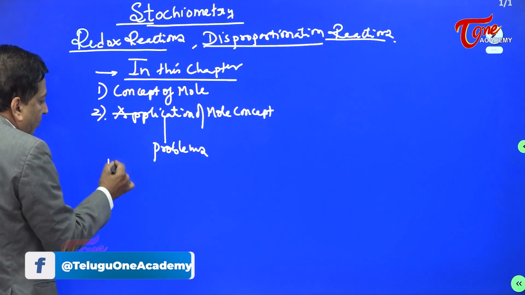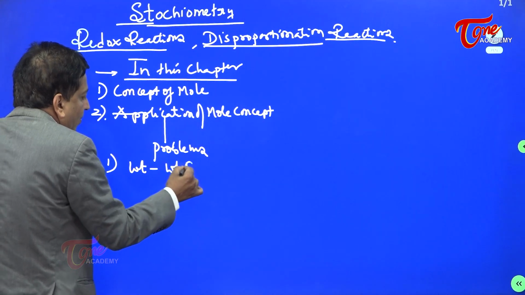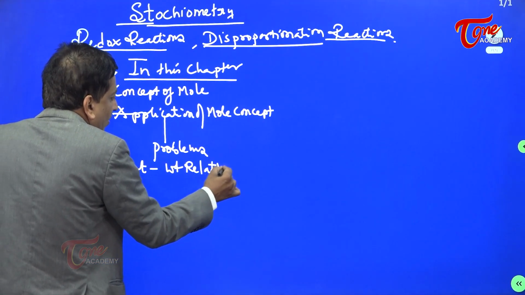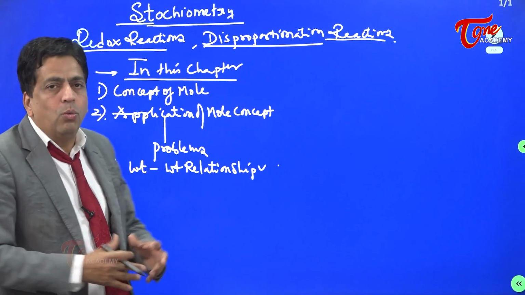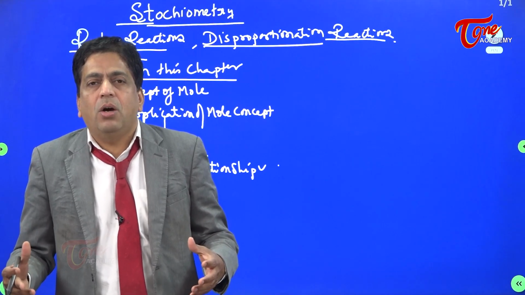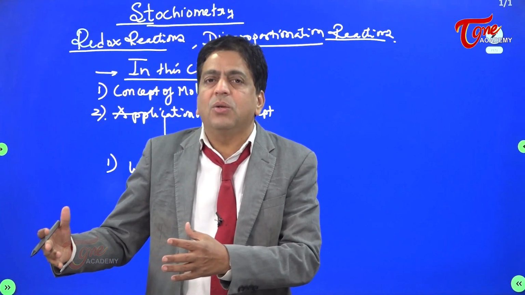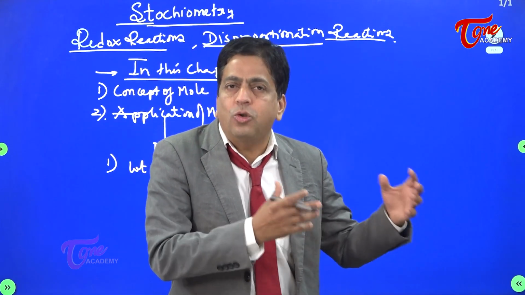Number one is a weight-weight relationship. You must understand this. The problems might include a weight-weight relationship, meaning you are given some weight on the LHS and you're supposed to calculate the RHS, that is the product's weight.